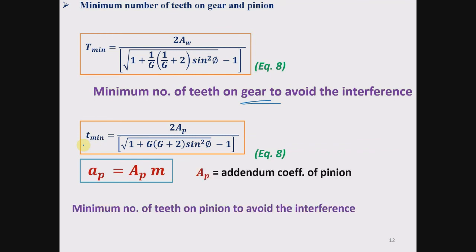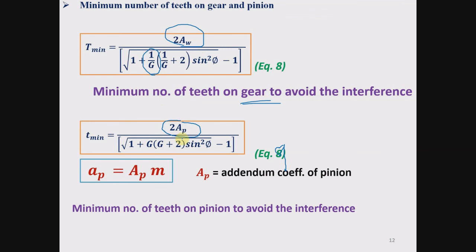And write down this equation number 9. Small t minimum equals, see what has changed here: there is a change only in the numerator, and that change is we have replaced the addendum coefficient of wheel by pinion, and in the denominator the gear ratio inverse is gone. Very easy to remember.